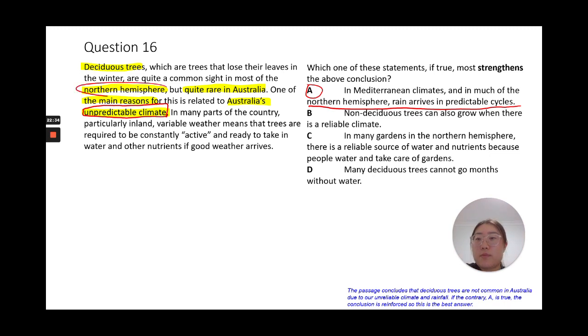As I said, they are common in the Northern Hemisphere, and we can infer that it's because they have predictable weather, unlike Australia. So A links to this conclusion very well with 2 main linking points, so that's why it is the best answer.